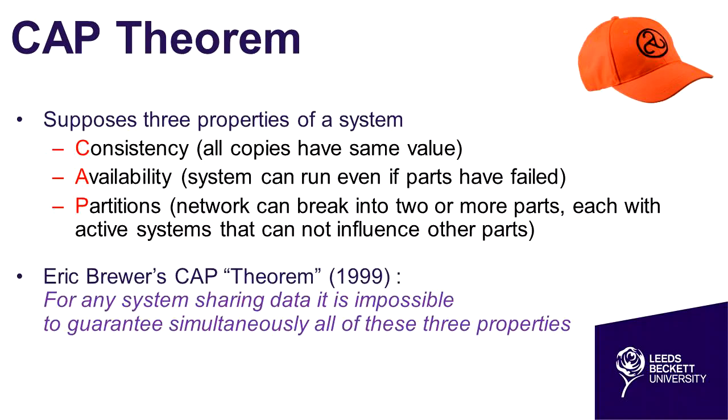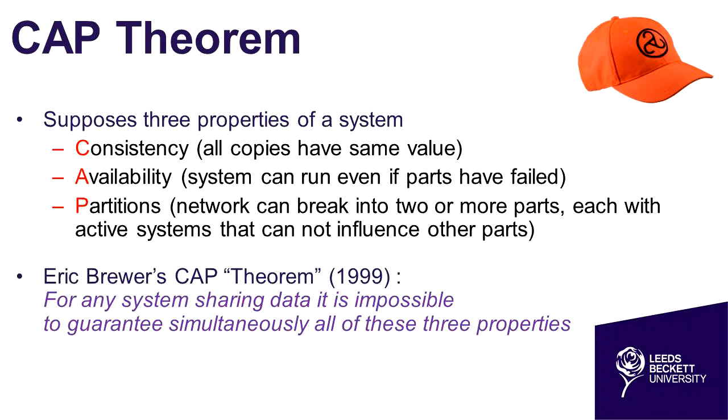It describes if the system can run even if certain parts of the overall system have failed. So some parts of the system could fail; nevertheless, there should be some degree of availability. And then we have P for partitions. The network can break into two or more parts, each with active systems that can influence other parts.